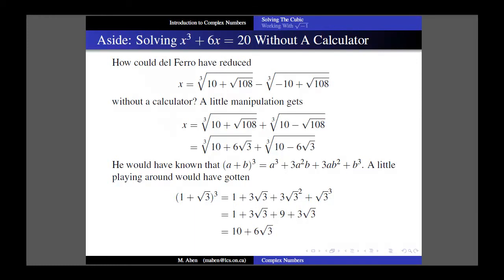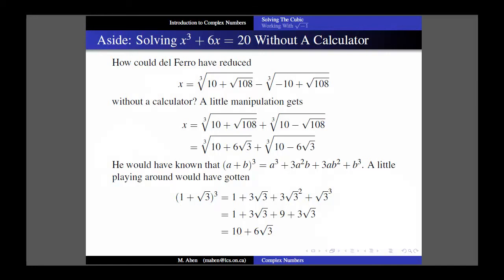Well, the thing to notice is that this 10 plus 6 root 3 is exactly the same as what's inside this first cube root. So I have something being cubed coming out to be this. Well, that means that the cube root of 10 plus 6 root 3 must be 1 plus the square root of 3. Okay.